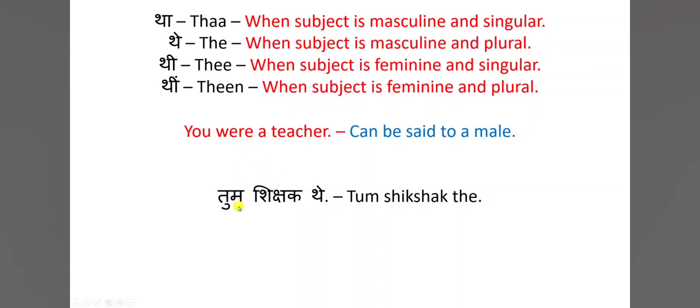You know that तुम is by default plural, and so we have selected थे for were. We can say this sentence to a male. So for masculine and plural, the is the word that we use for was and also were. Here we have used it for were.